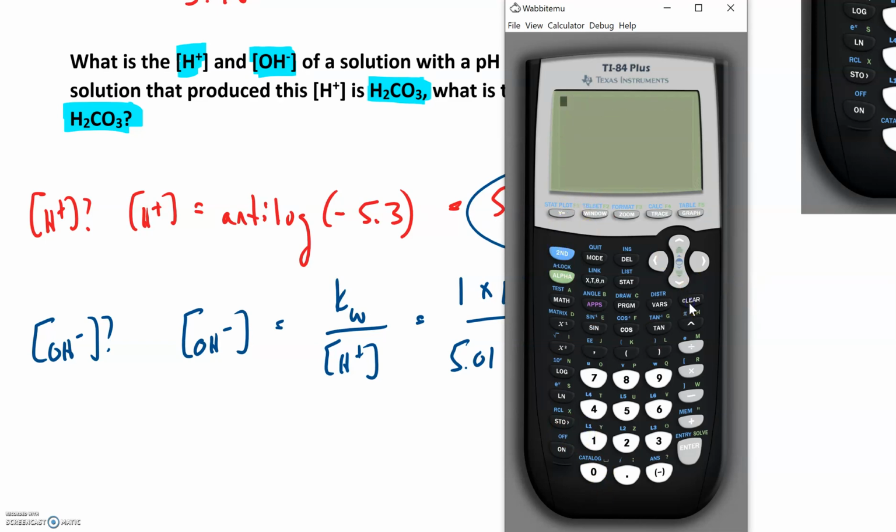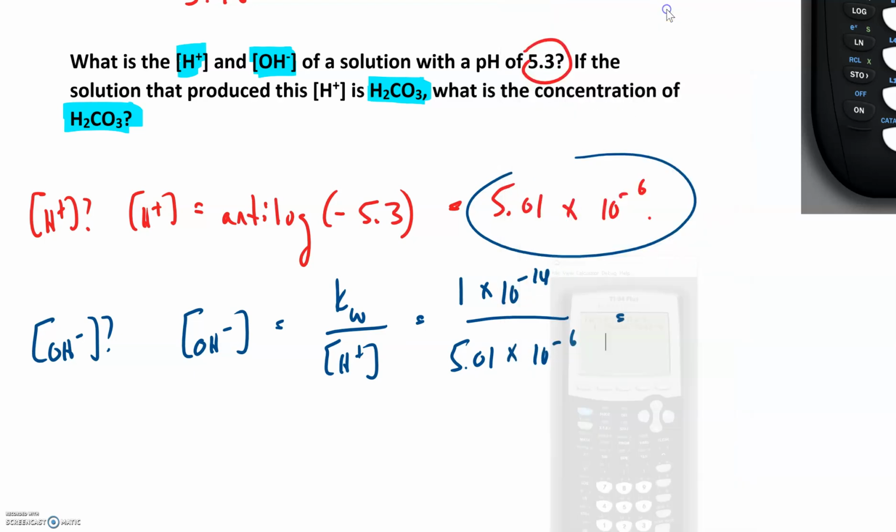We'll say 1 times 10 to the negative 14th, divided by 5.01 times 10 to the negative 6th. This is our concentration of OH minus, 1.996 times 10 to the negative 9. You could feel free to round that if you wanted, or you could leave it just like it is.